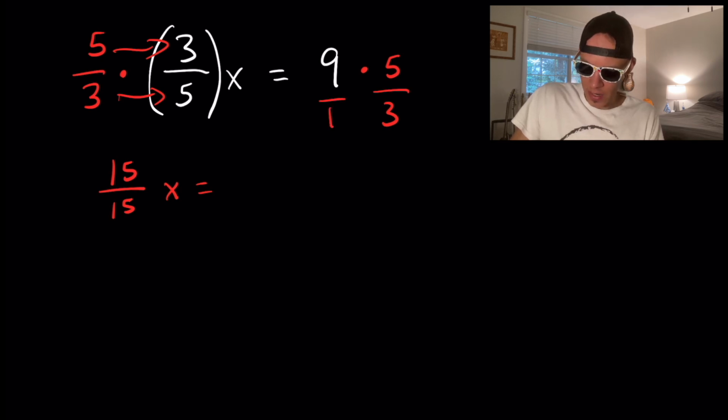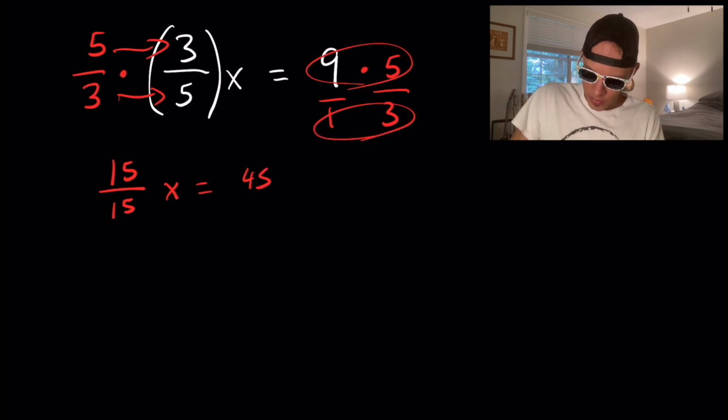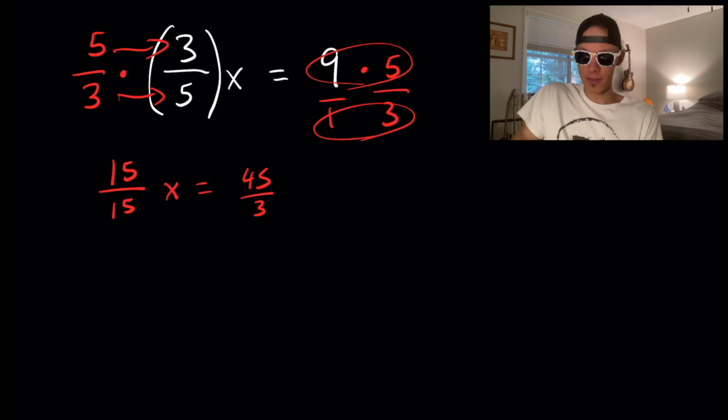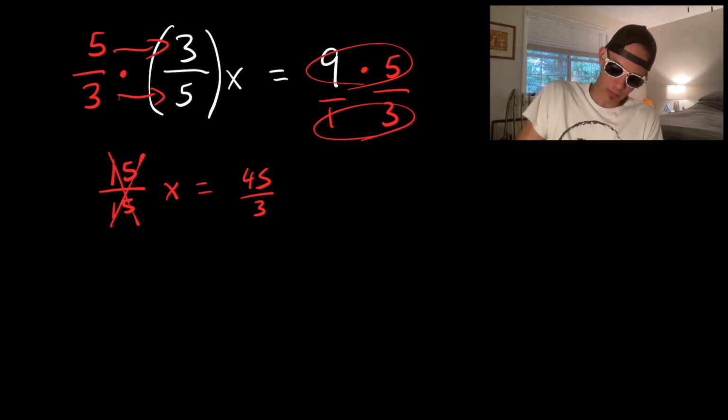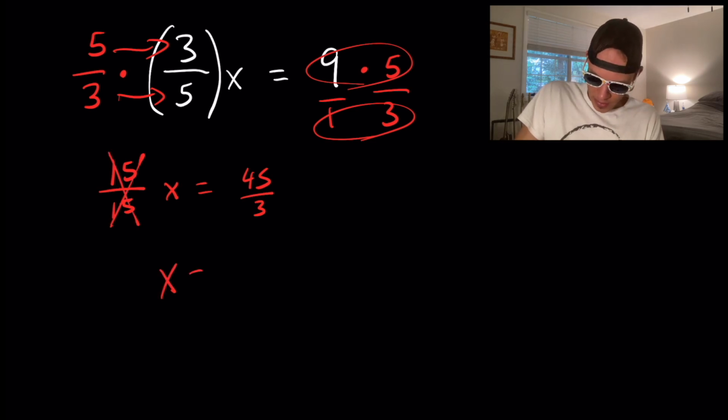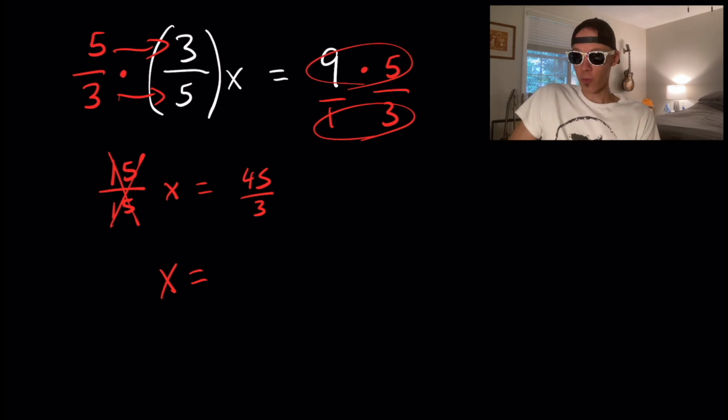And that's going to be 9 times 5 is 45. And then 1 times 3 is 3. All right, so 15 over 15, well, 15 divided by 15 is just 1, so these cancel out. So I'll just be left with x is equal to, and then 45 over 3, or 45 divided by 3 is going to be 15.